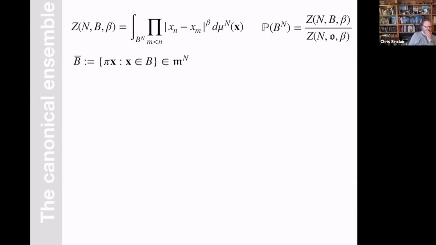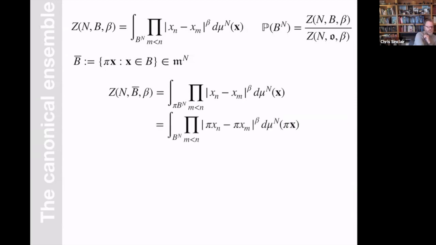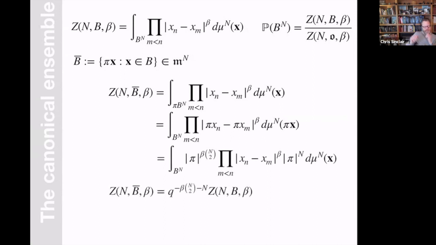So in particular, what I want to do here is note that if I look at the partition function when I integrate over a pushed down set, so I'm basically just taking the set and multiplying it by pi, there's a relationship there with the partition function for the unpushed down set.